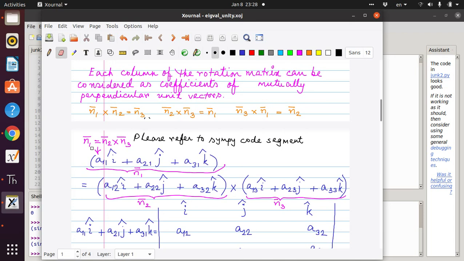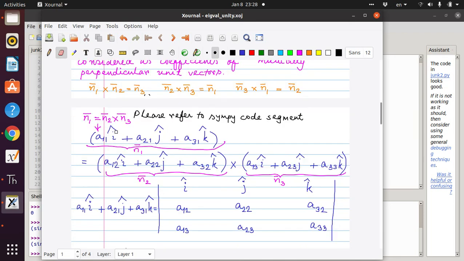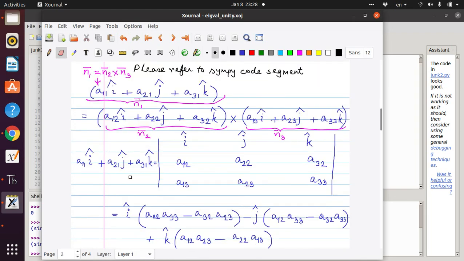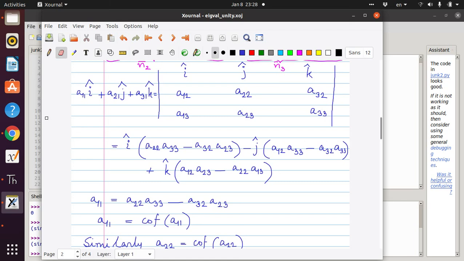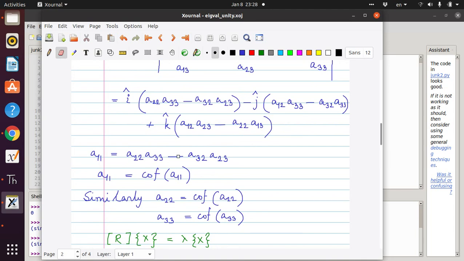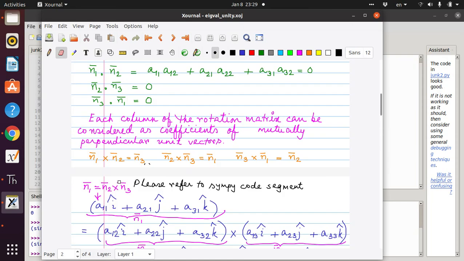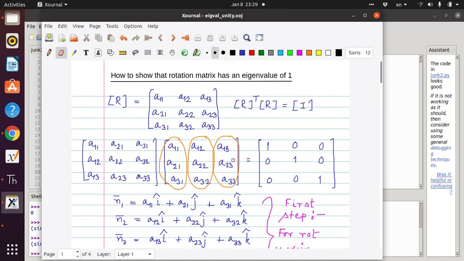Now from n1 equal to n2 cross n3, if you actually perform the cross product, so this is n1 and this is n2 cross n3, so this is the cross product. So now equate the coefficients, and a11 is this, and a11 is nothing but the cofactor of a11.